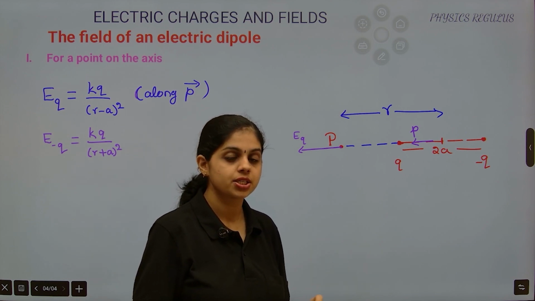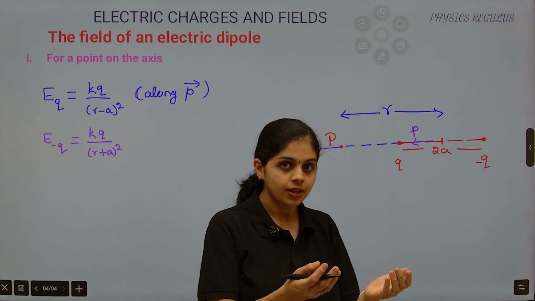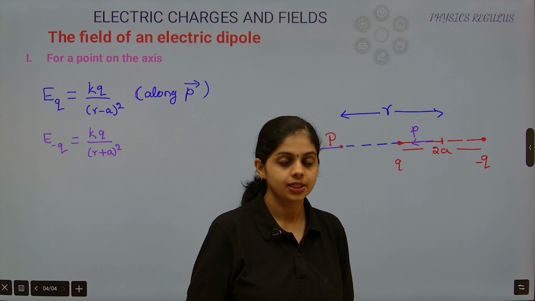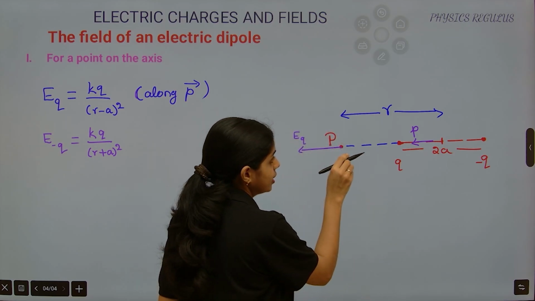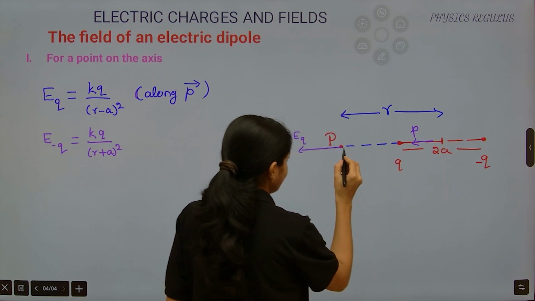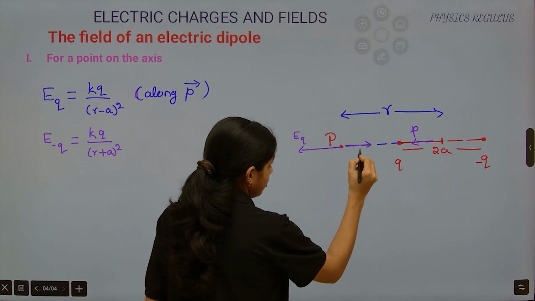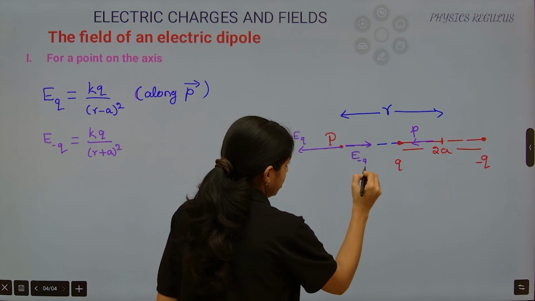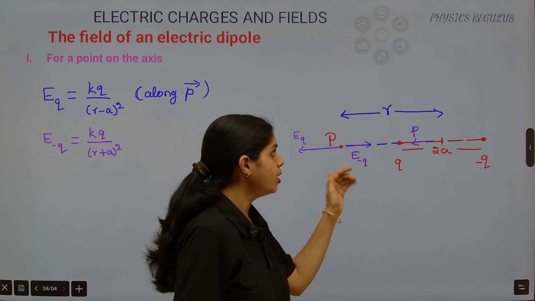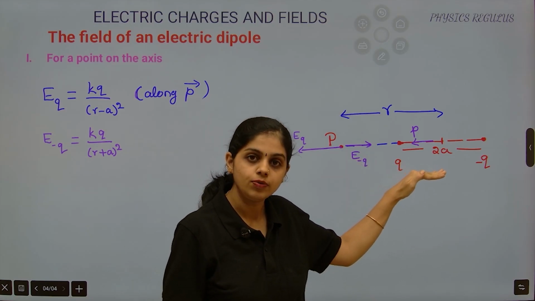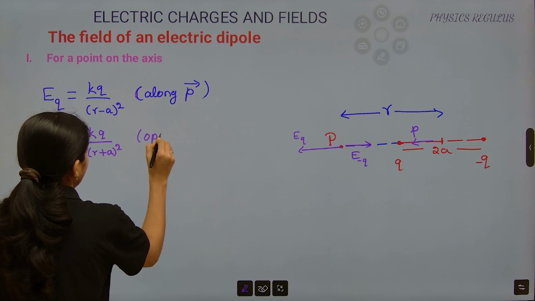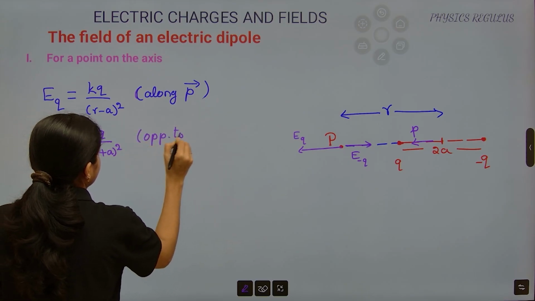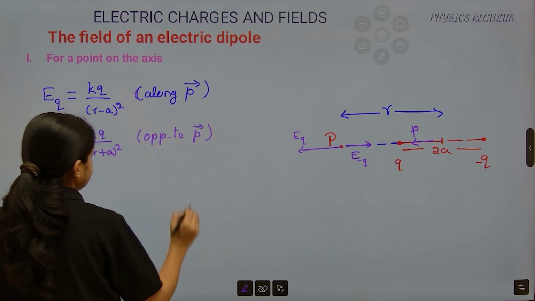For a negative charge, the direction of the electric field is inward. Hence, it is towards the negative charge. The direction of the electric field is towards minus Q. That is, the direction of E_minus Q is opposite to the direction of dipole moment.